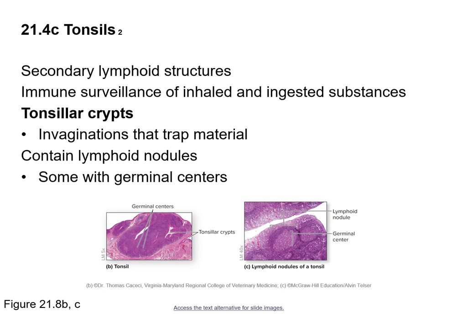Within a tonsil you have nodules, and we'll get to nodules in just a little bit. Essentially, a lymphatic nodule is a cluster of lymphatic cells. And the germinal center, like we talked about previously, contains rapidly dividing lymphocytes. But again, these tonsils are trapping material.